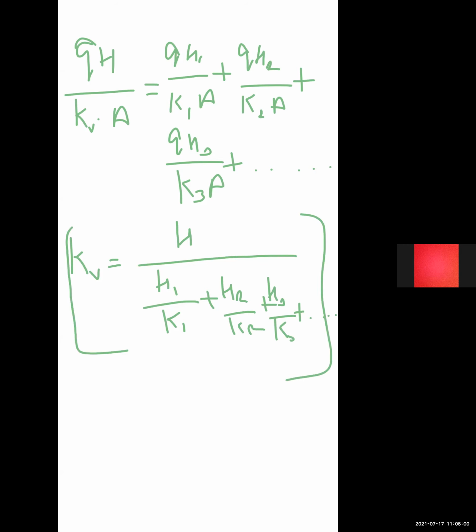If soil strata in vertical direction, if different types of soil strata are given and flow is in vertical direction, in that case, if we have to find K equivalent, permeability equivalent, then we can apply this formula, that is H divided by H1 divided by K1 plus H2 by K2 plus H3 by K3 plus so on. So on the basis of these two formulas, we can solve questions.